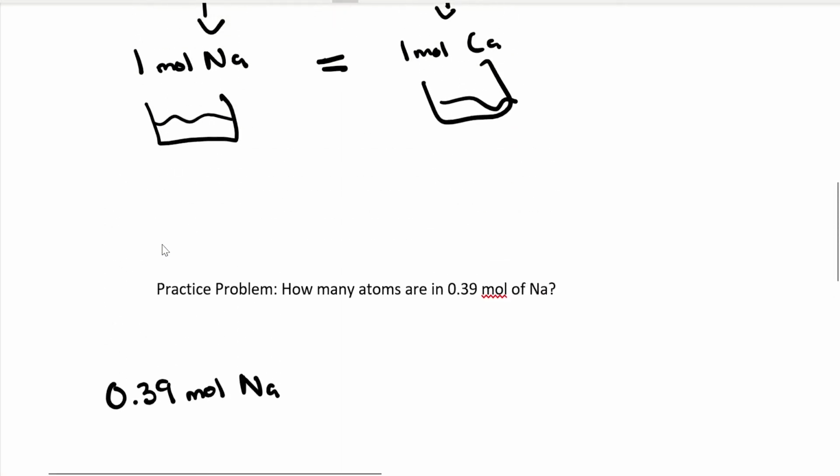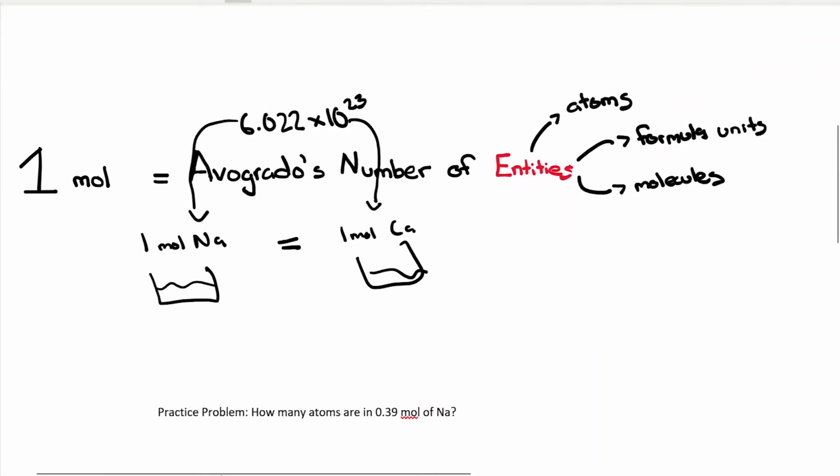All right, so remember this equation I showed you guys earlier? So there's 1 mole equals Avogadro's number, or 6.022 times 10 to the 23. That relationship can be expressed in terms of a fraction or a ratio. And when we express that relationship in terms of a fraction, we call it a conversion factor. Right?